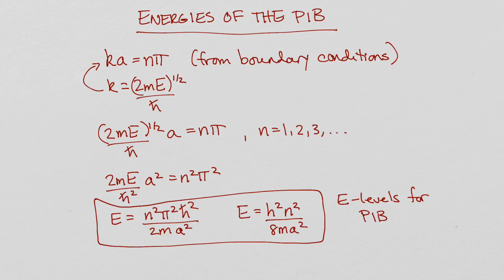One thing to note about our energy levels is that we have a bunch of constants here: Planck's constant, the mass of our particle, and a, which represents the length of our box. Then we have that integer n popping into our expression, which tells us that our energy levels for a particle in a box are in fact quantized.